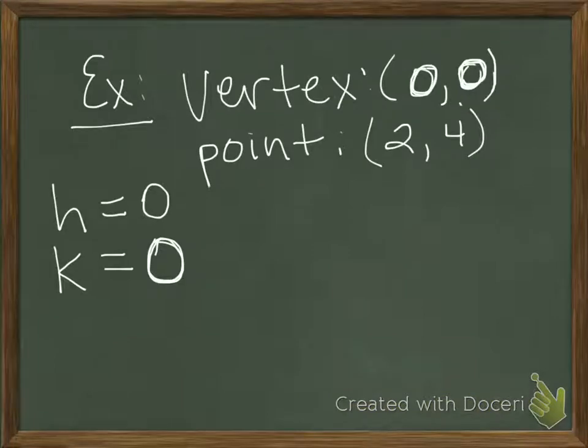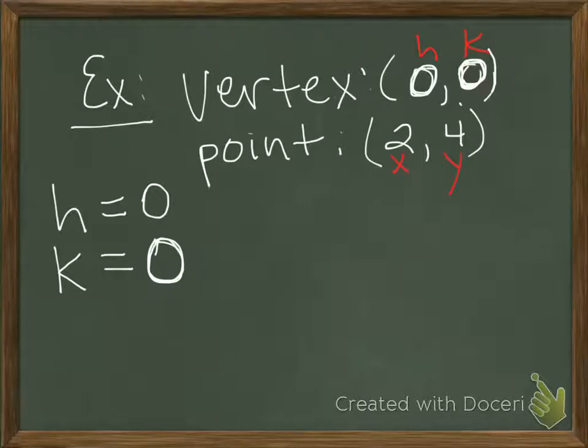The first example has a vertex at (0, 0) and a point at (2, 4). And I'm going to use this information to write my equation. First of all, I'm going to label what I've got. So I have h and k, and I have x and y.